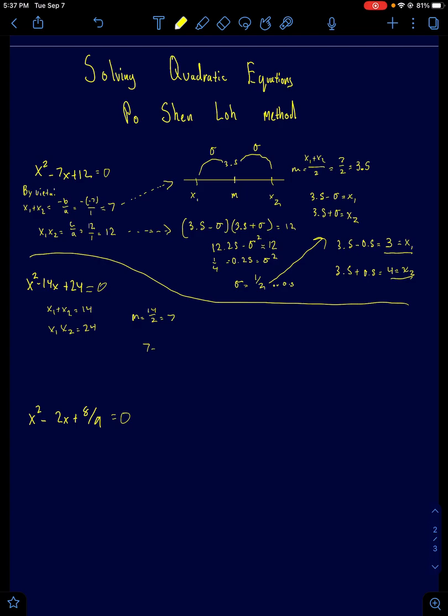So we get 7 minus sigma times 7 plus sigma is equal to 24. So 49 minus sigma squared is equal to 24. Okay, 49 minus 20 is 29. Minus 4 is 25. So we get 25 is equal to sigma squared. Therefore, sigma is equal to 5.